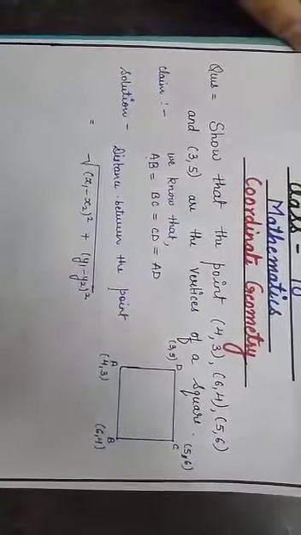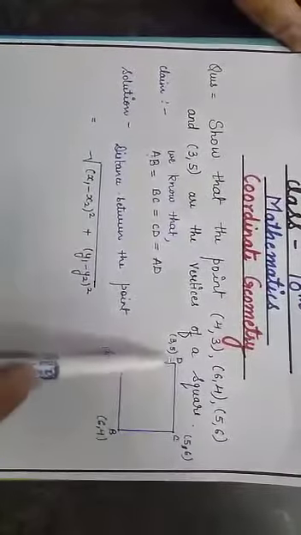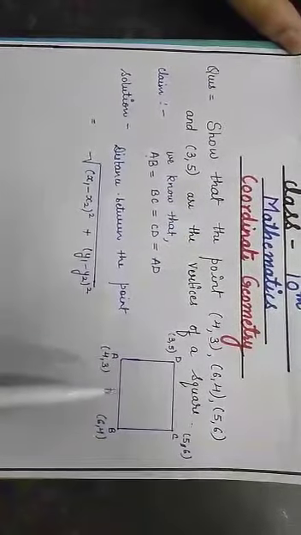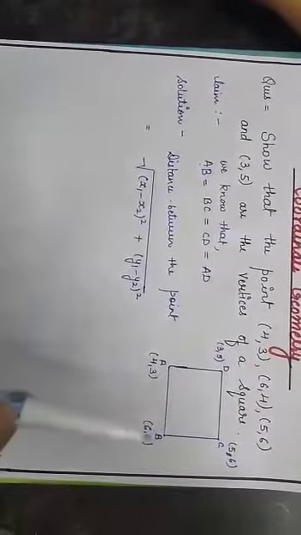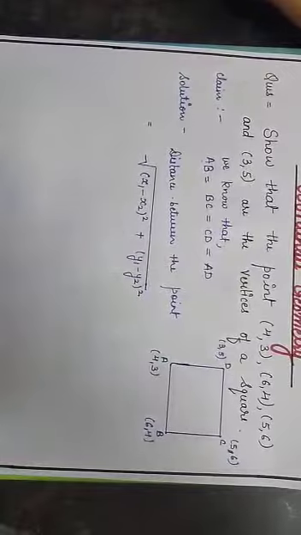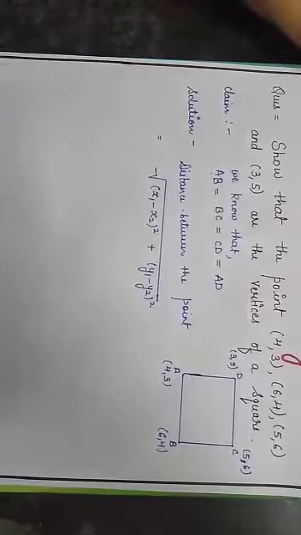By using this formula, we have to find the lengths of AB, BC, CD and AD. Then after finding these lengths, I am going to prove that all these lengths are equal. Then we conclude that these vertices are of a square.